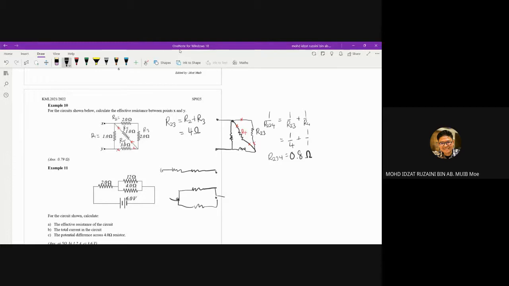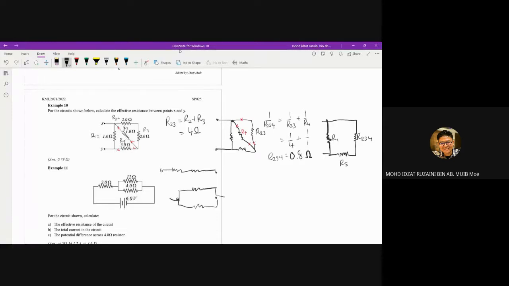So kamu akan dapat the next part atau the next circuit ialah begini. Ini ialah R234. Okay, ini ialah R3. Okay, and then tengah ni ialah R1 lah. Ini R5, ini R234, ini ialah R1.